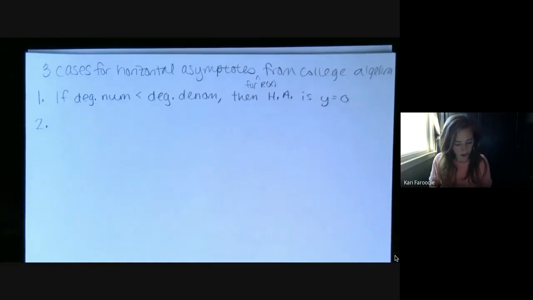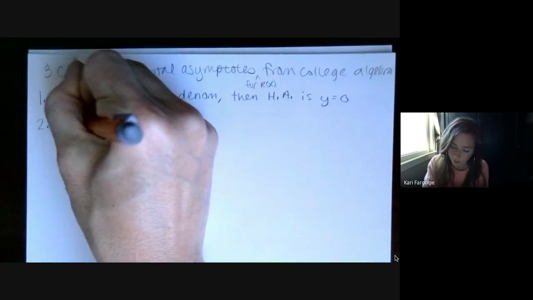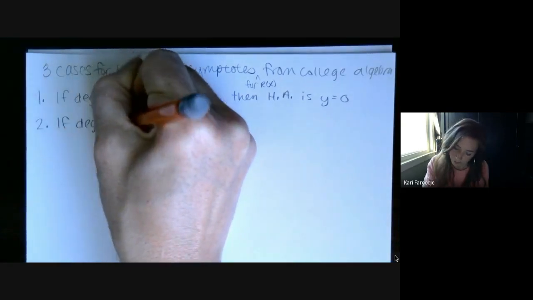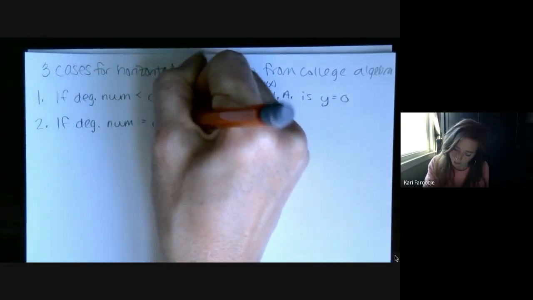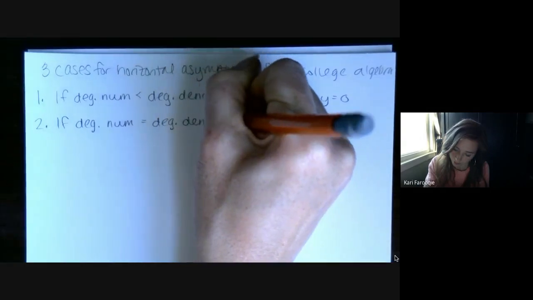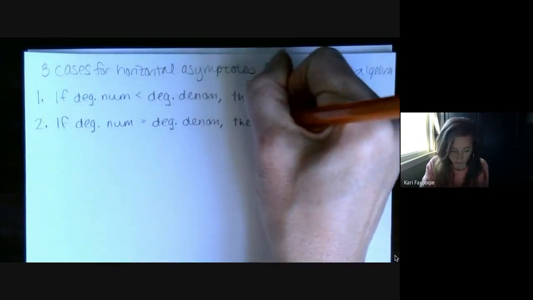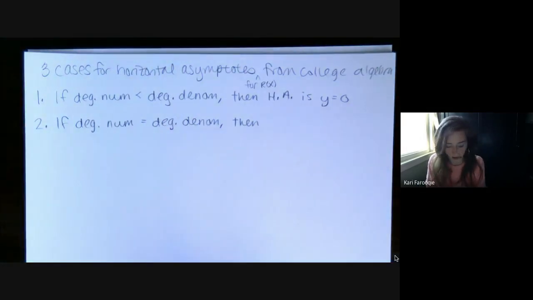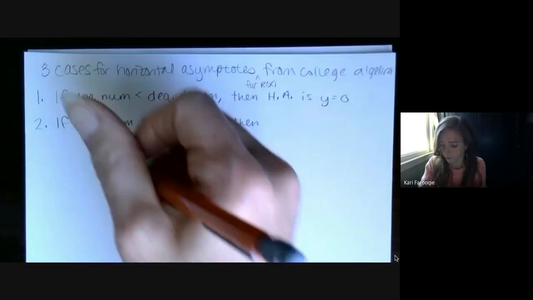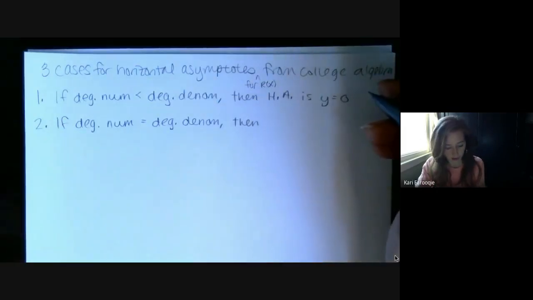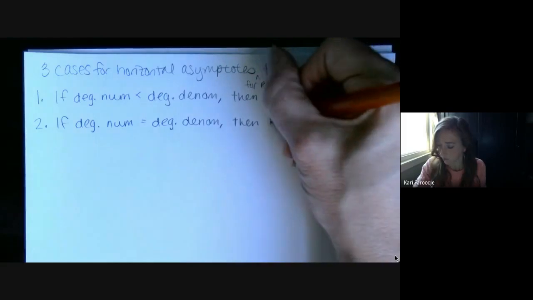The second situation was that the degree of the numerator equals the degree of the denominator. If that's the case, then your horizontal asymptote is the ratio of your lead coefficients. So y equals a sub n over b sub n.